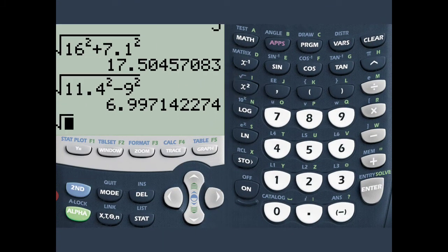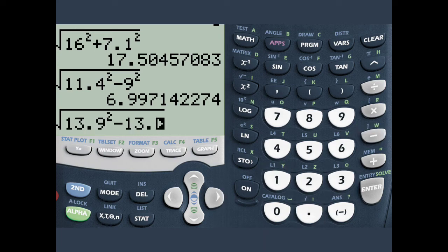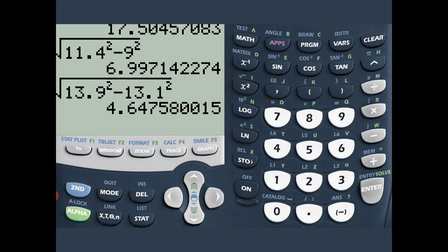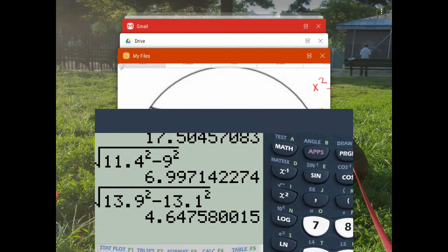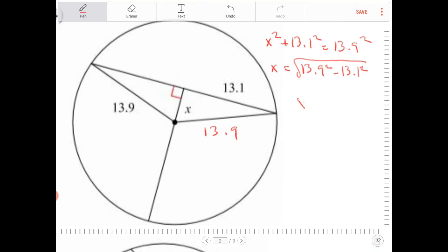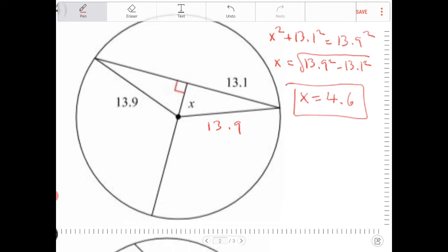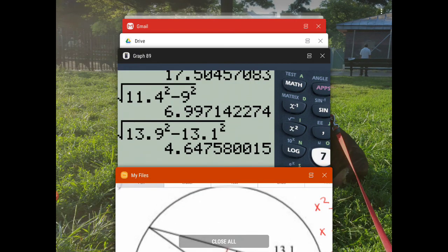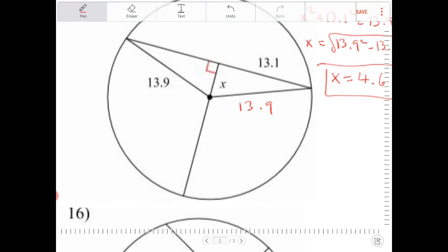So square root of 13.9 squared minus 13.1 squared. That would be 4.64 or 4.6. Yep. Okay.